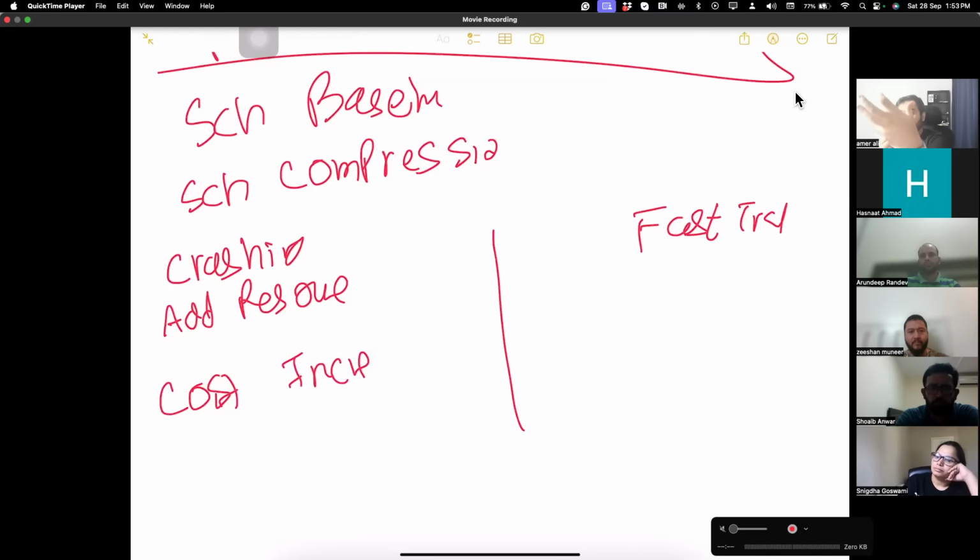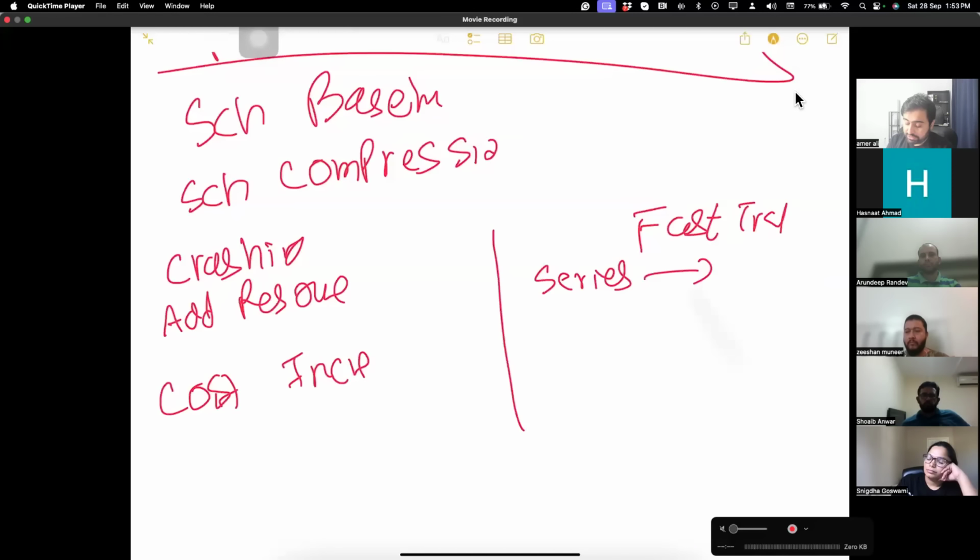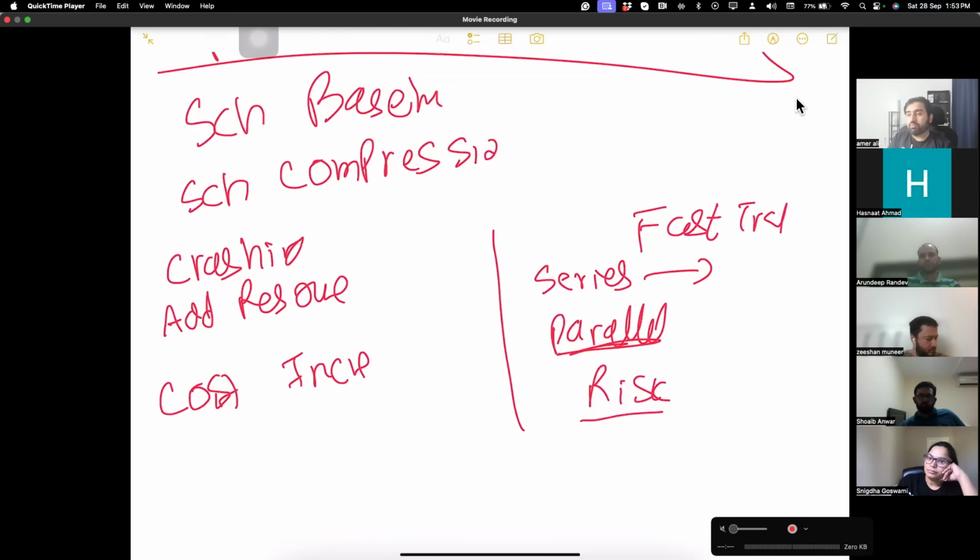Fast tracking, where activities are in series, you make them in parallel. But this is a risky activity. Whenever money is not the problem, we will always do crashing.